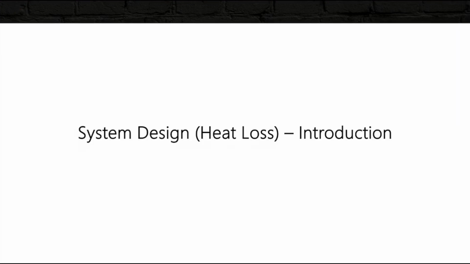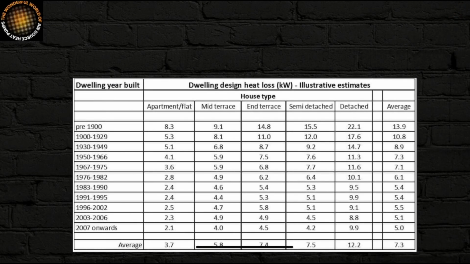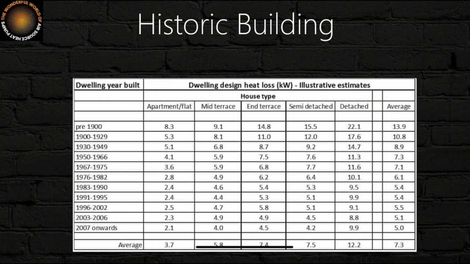Now, when it comes to buildings within the UK, building standards have changed over time. You can see from this table an average heat loss in kilowatts for properties based on their type, and then also the build year, because building quality is improving decade after decade, particularly when it comes to effectiveness and efficiency.